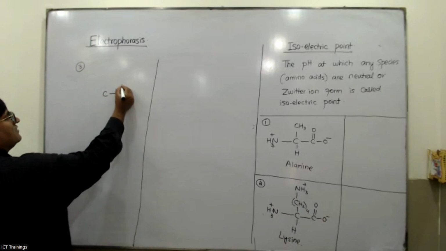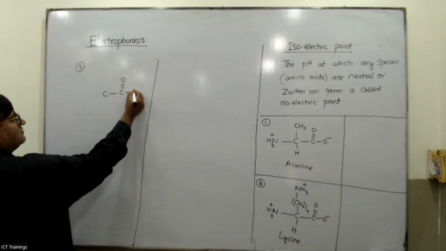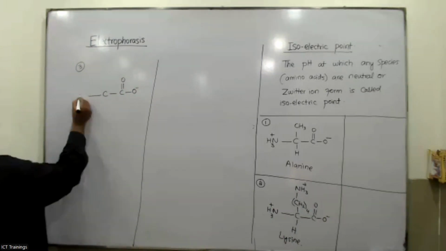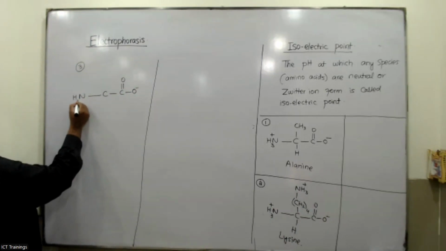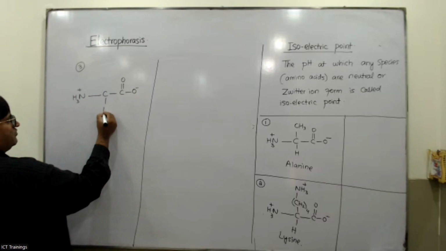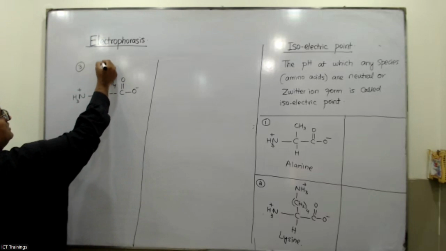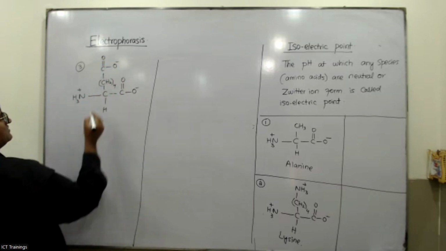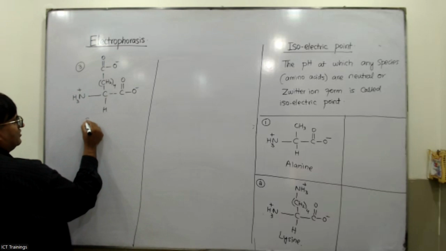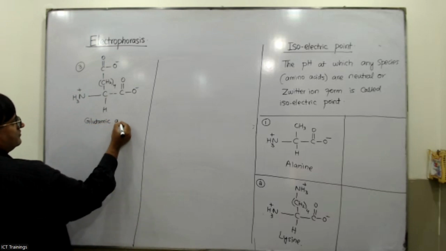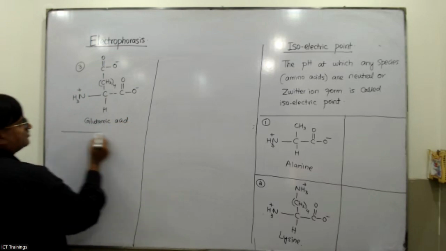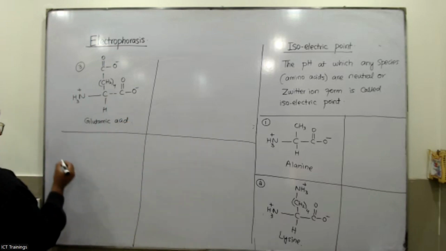This is carbon. This is carboxylic acid group which has donated its proton. NH3 positive, hydrogen, CH2 four times, and this is C double bond O and O minus. So this is actually the glutamic acid.